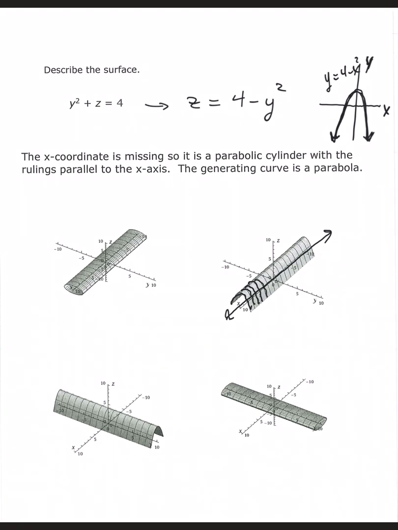The variable that's missing is the axis along which that generating curve will open. Okay, so the downward opening parabola is the generating curve, and the axis along which it runs is the rulings.